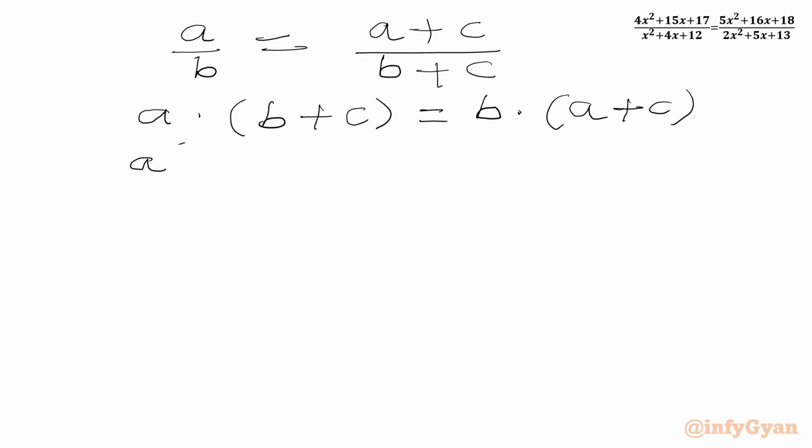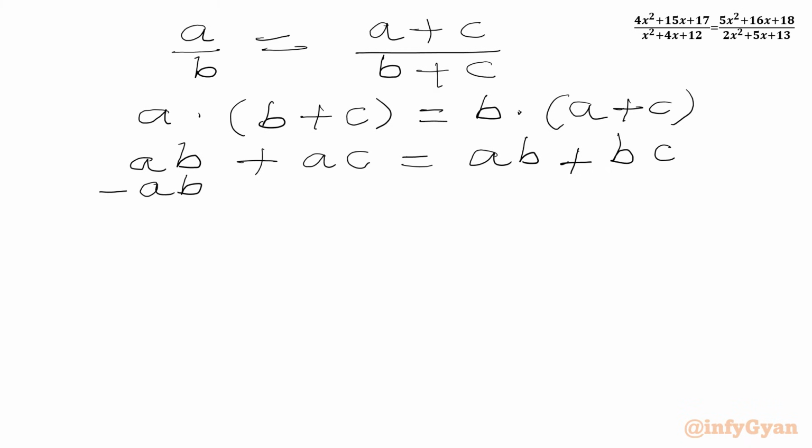We will get AB + AC equal to BA, I am writing AB + BC. Now we will subtract AB from both sides. Minus AB, minus AB, so these two terms will get over. We will get AC = BC.